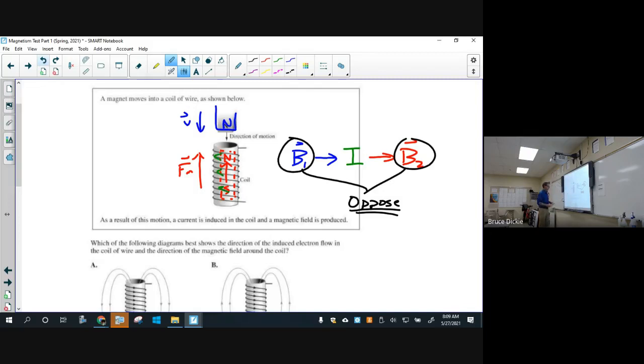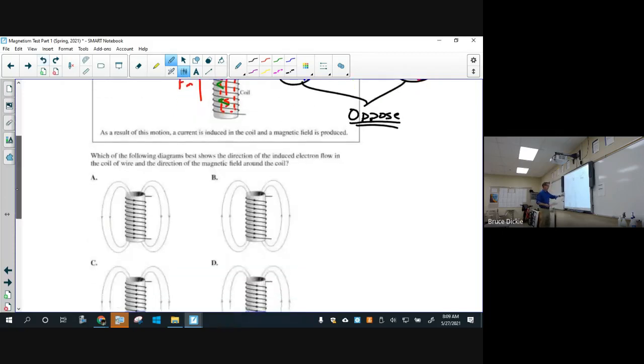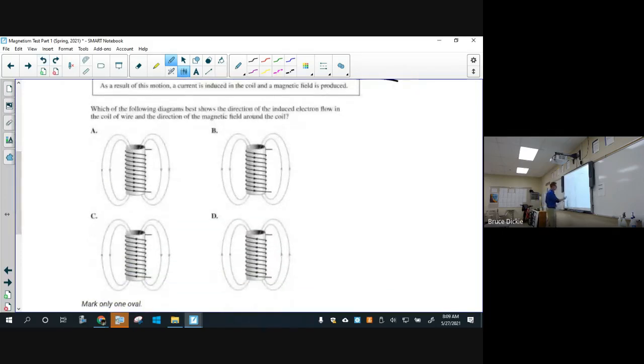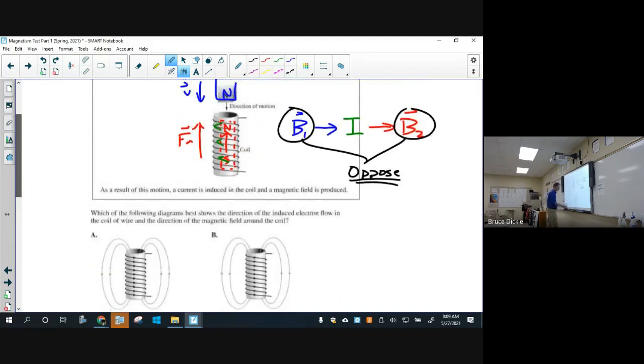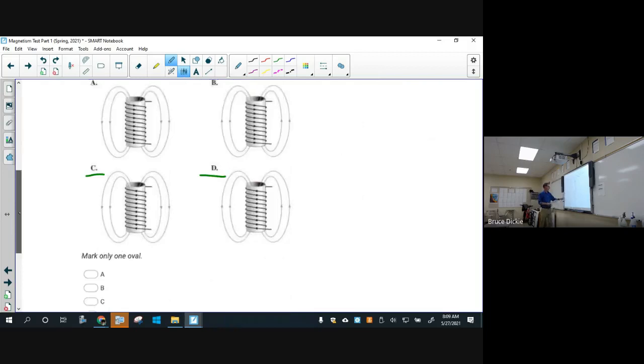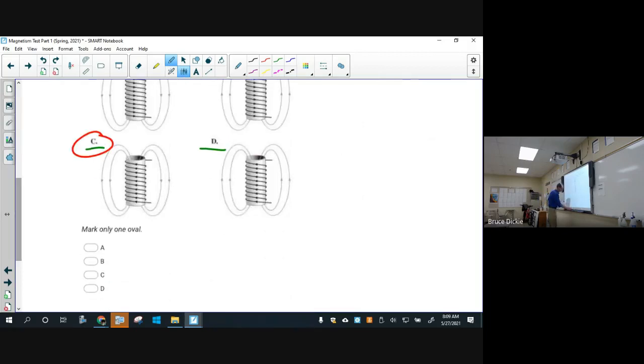So we got a current in the front to the left. That must mean the answer is either C or D. Which way is the magnetic field? Well, the magnetic field goes outside of this coil, away from the north and toward the south. So the answer is going to end up being C for this one, right? Current to the left in the front, and the magnetic field going from north to south, from the top to the bottom, outside of the magnet. So my answer is C.